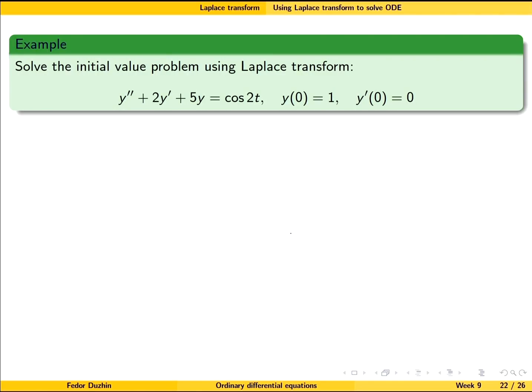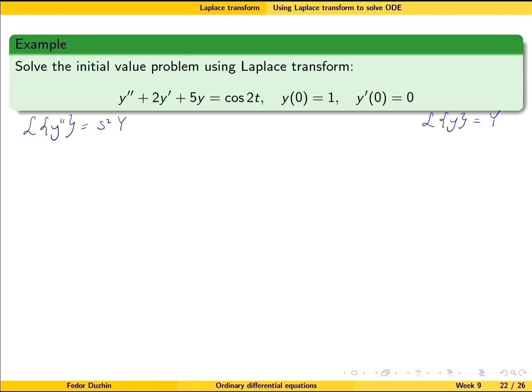So what do we have here? I'm going to denote the Laplace transform of the unknown function by Y capital.